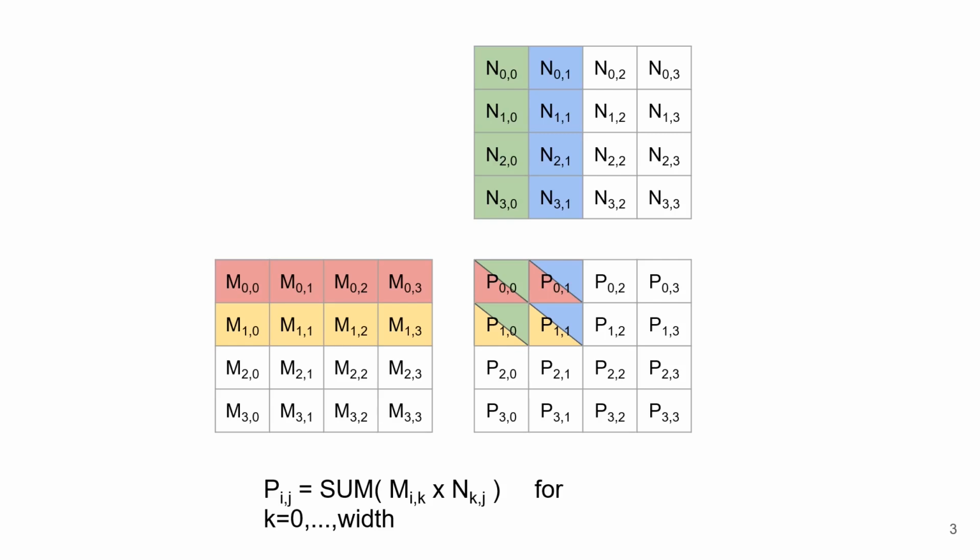Once again, the widths of M, N, and P matrices are equal. For example, as you can see in the figure, P00 is the result of dot product operation of row 0, or the pink row, and column 0, or the green column.